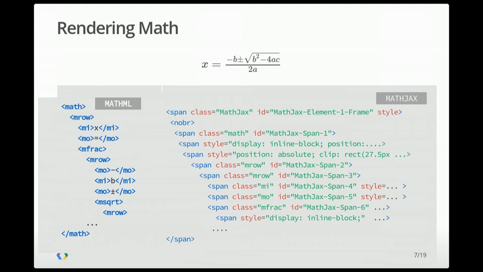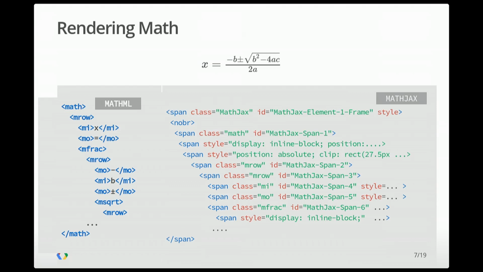So on the right-hand side of the slide, you see what the MathJax markup looks like. If you have, for instance, the MathML in your DOM originally, then MathJax will replace it in the live DOM in your browser with the right-hand side. And then you see immediately this is a lot less obvious as to what the mapping between the actual elements of the mathematical formulas is, as a lot of it is obscured by some of the markup that is necessary for the rendering.